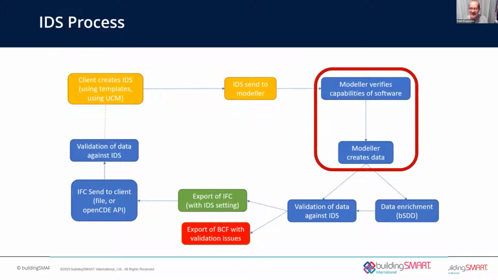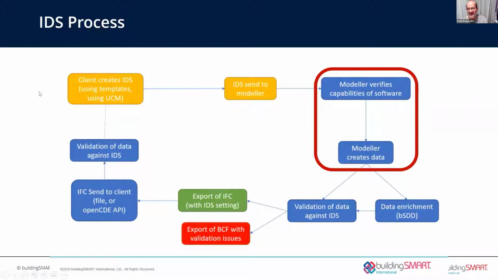So the modeler then has the responsibility of verifying that they're able to deliver on that data specification. Hopefully, all the capabilities are built into the software they already have, and maybe their libraries, or they may need to do some work on extending their libraries in order to meet the client's data requirements.